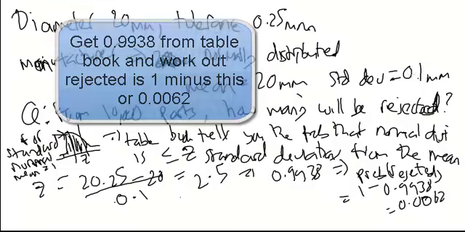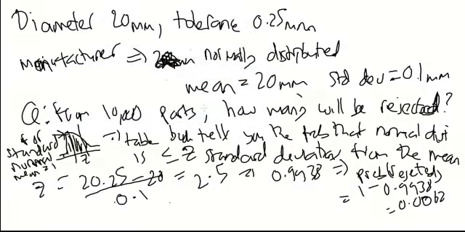The part that people slip up on is they forget that a component can be too big or too small. I don't want my pieces to be bigger than 20.25, but I don't want them less than 19.75 as well.